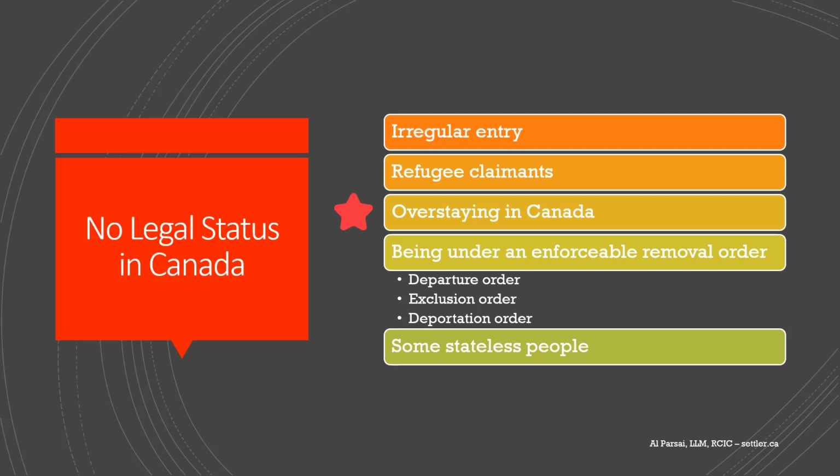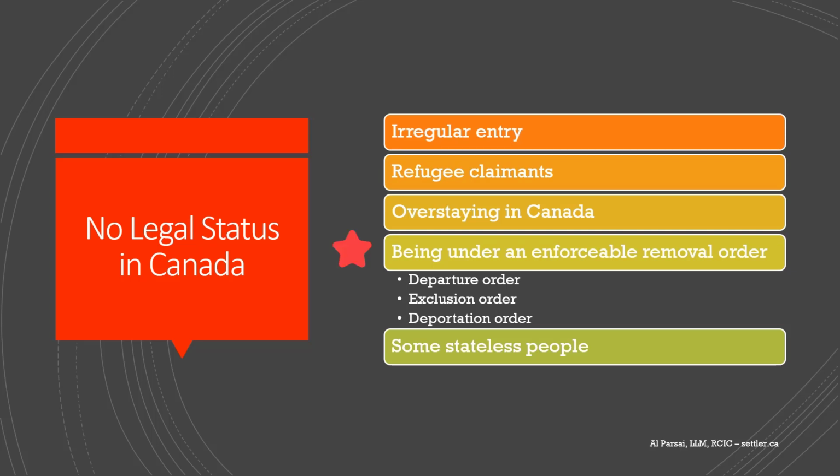If you have a status in Canada, but you remain in Canada beyond the validity of your status, then you don't have legal status in Canada unless before the expiry of your status you applied for an extension of your status, and that's how you have maintained the status.